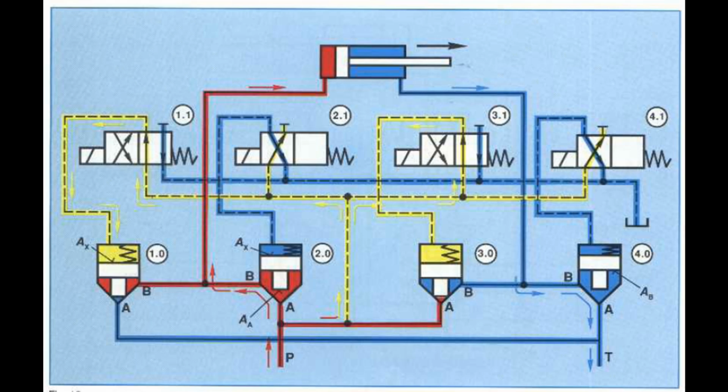Both elements are therefore held closed and isolate the connection from B to A, 1.0, and A to B, 3.0. Valves 2.1 and 4.1 are operated and move into the position indicated by the crossed arrows. The spring chambers of the logic elements, 2.0 and 4.0, are thus unloaded.